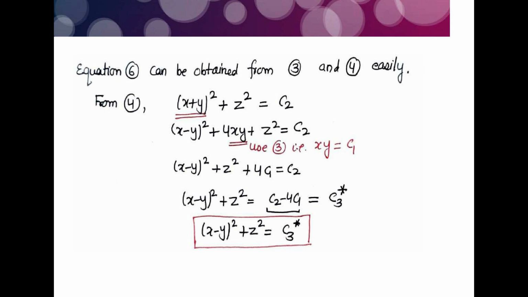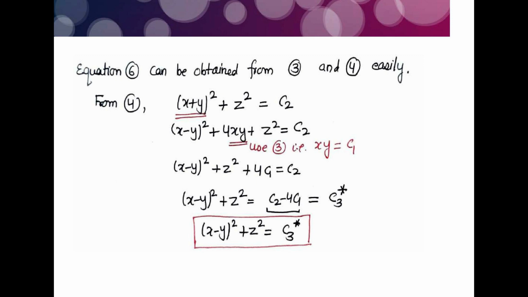From equation number 4, we have x plus y whole square plus z square equal to c2. Now x plus y whole square can be rewritten as x minus y whole square plus 4 times xy plus z square equal to c2. Right? Second equation on this slide.